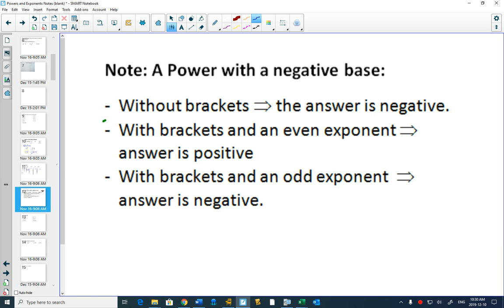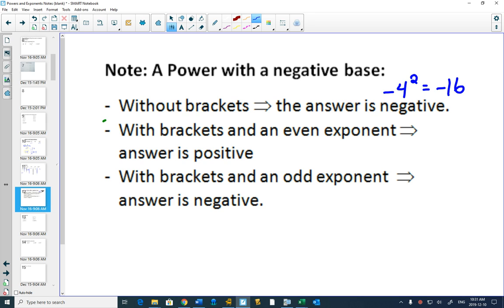So some notes. A power with a negative base. If you do not have the brackets around that base, that negative is out in front, your answer will always be negative. For example, negative 4 squared would equal negative 16.